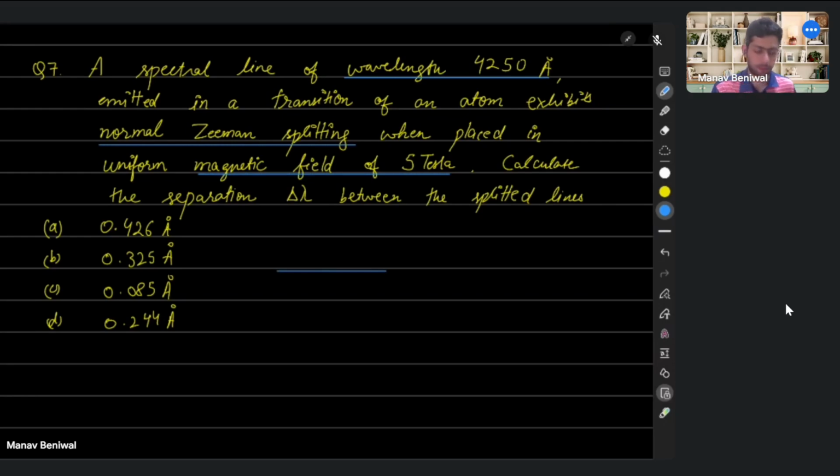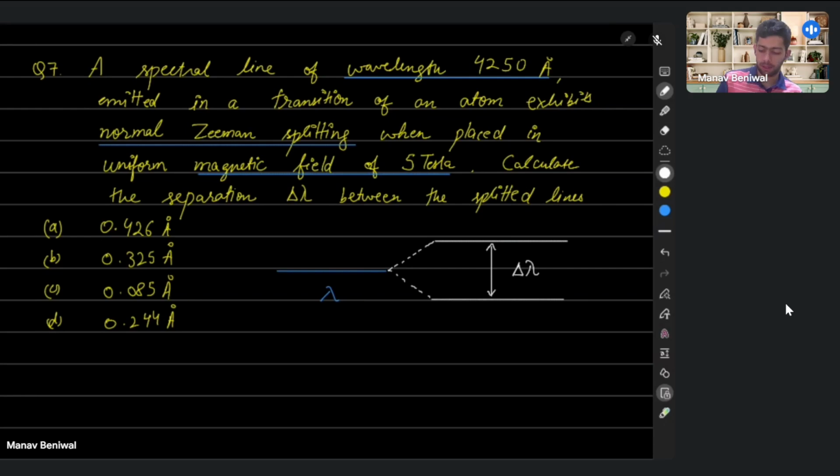Okay, so as we discussed earlier, we have a wavelength lambda of the spectral line, and when we apply a magnetic field, this gets split into 2 spectral lines, and then this distance is delta lambda.